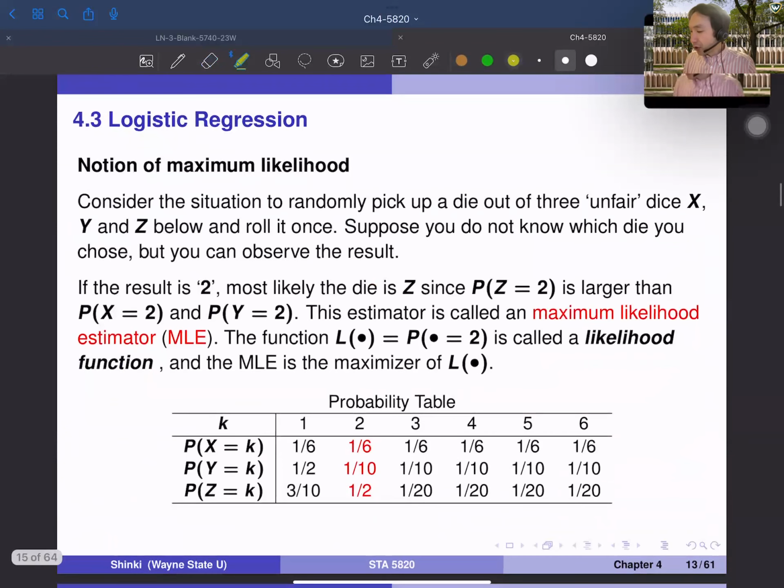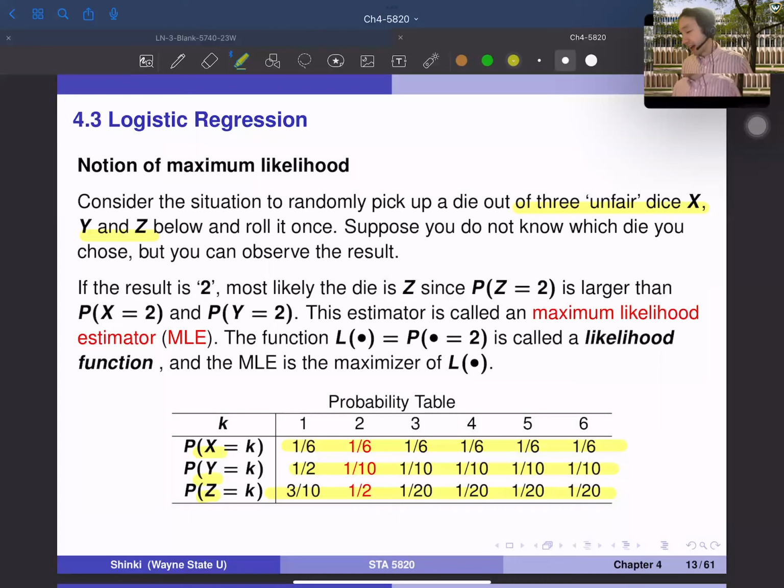So consider the situation of randomly picking up a die out of 3 unfair dice, X, Y, and Z. X, Y, and Z are characterized by these probabilities. All 3 dice are 6-faced dice, but X is a fair die, and Y and Z are kind of loaded dice.